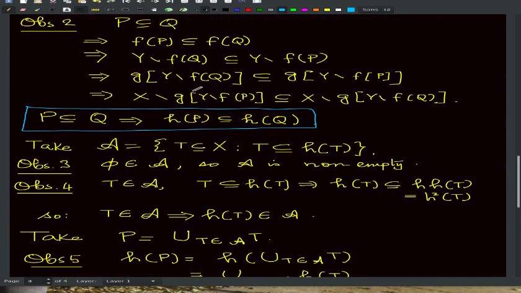So you collect all those subsets where H is bigger. Empty set is already there. And this fact helps you to give this fact. So this actually gives you a more concrete picture of what is happening.